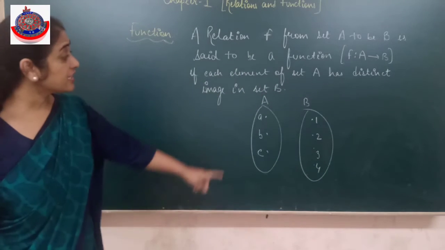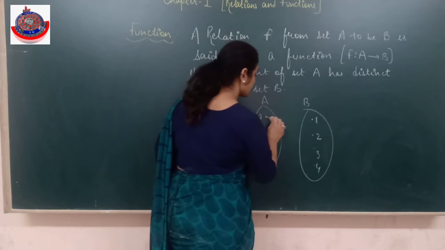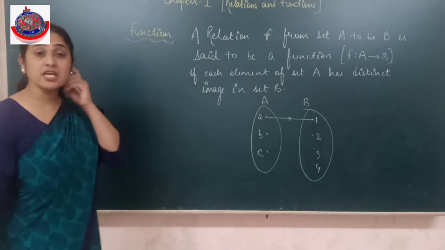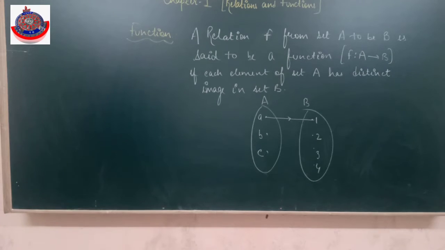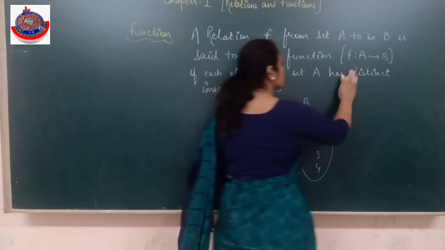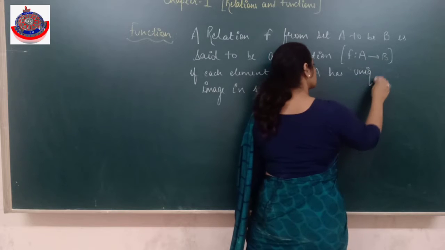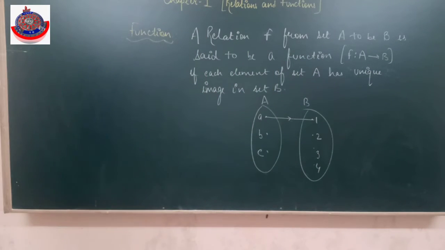So it says each element of set A should have a distinct image, have a unique image in set B. हर एक element of set A should be associated with a unique element, or you can say distinct, you can say unique, has a unique image in set B.